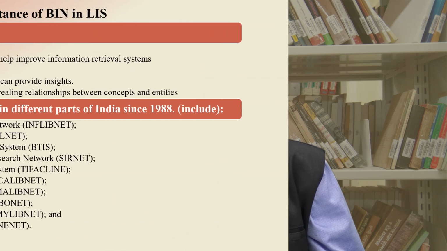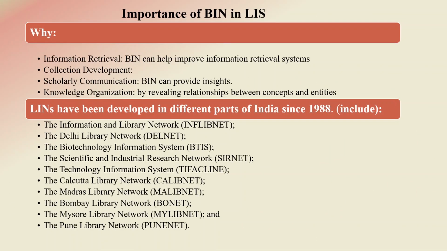So what about collection development? Analyzing these networks can inform collection development decisions by identifying key authors, works and subjects in a particular field. Then scholarly communication: bibliographic information networks can provide insights into scholarly communication patterns such as collaboration and citation networking.